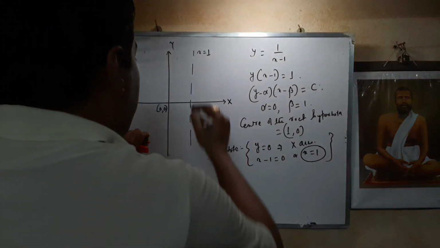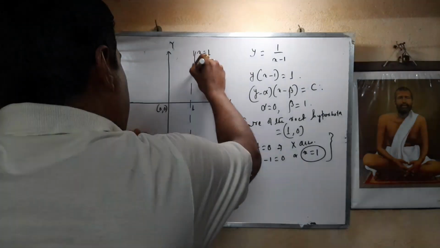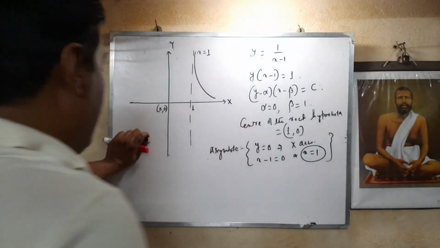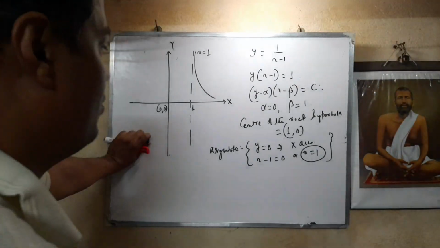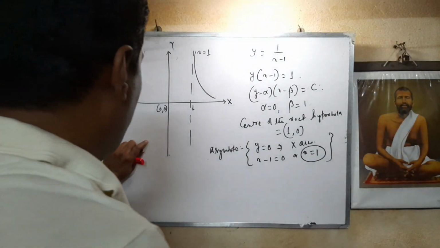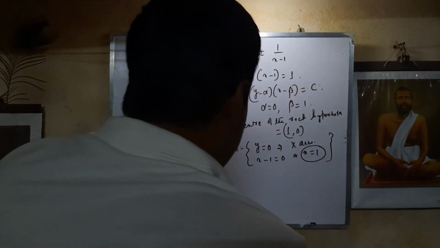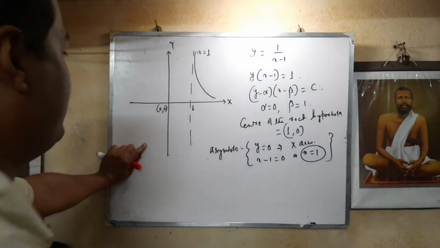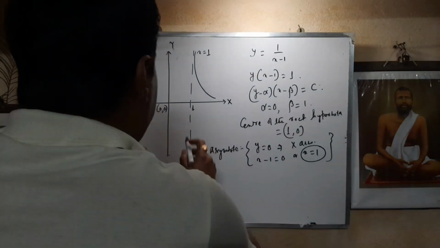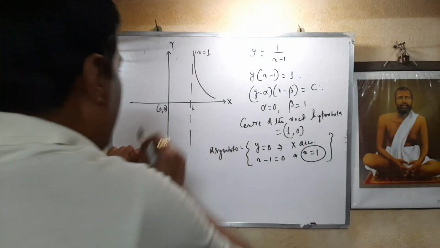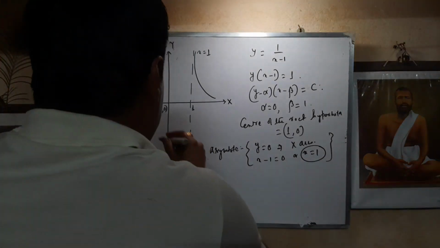The asymptotes are x equal to 1 and another asymptote is y equal to 0, that is x axis.